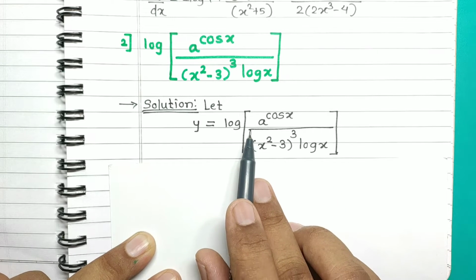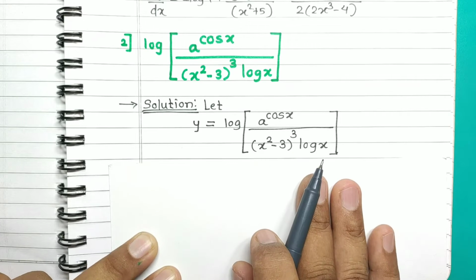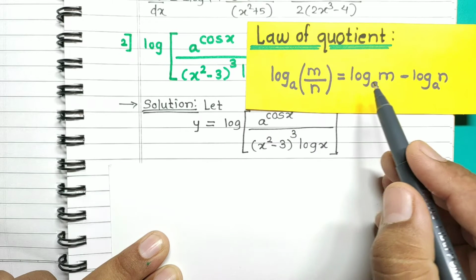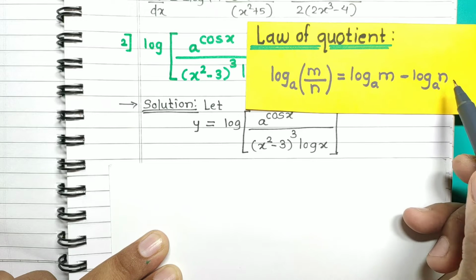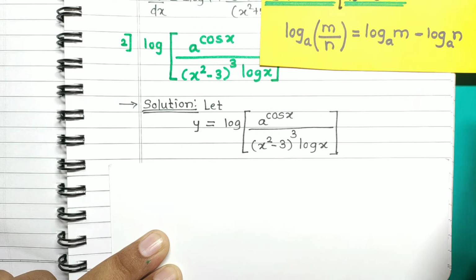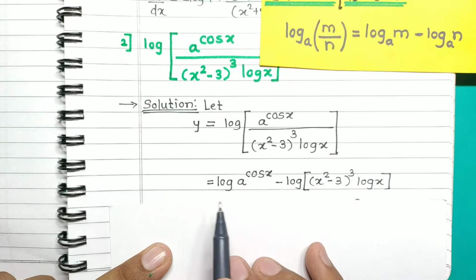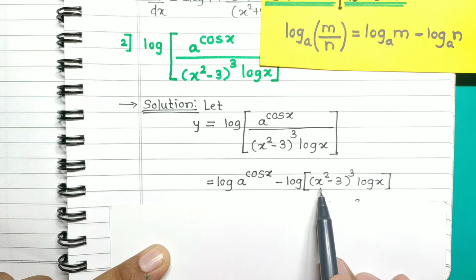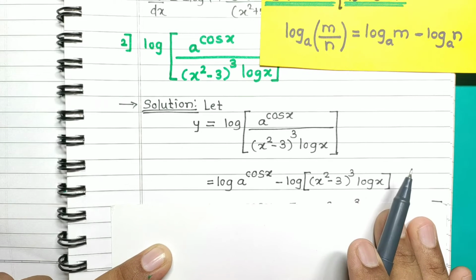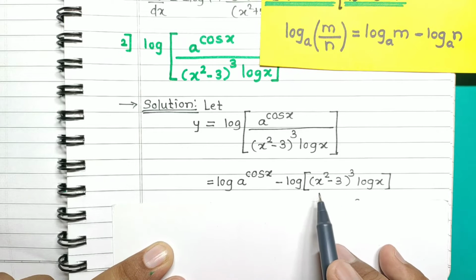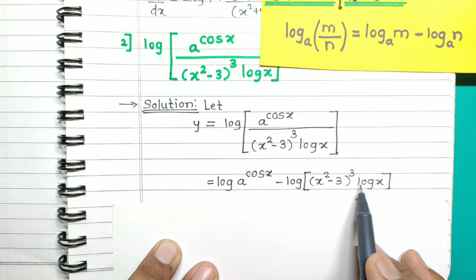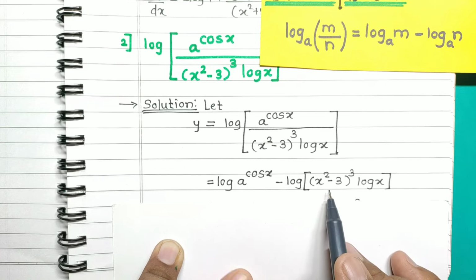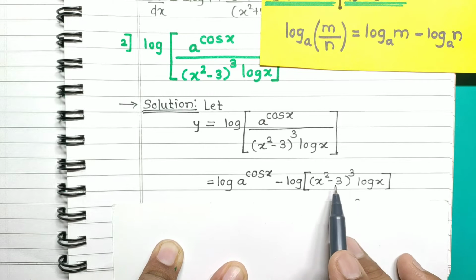Here the law of quotient is useful. So let's revise the law of quotient: log of m by n we can write as log of m minus log of n. So here we can write log of the numerator, log of a raised to cos x, minus log of the denominator, this product. Then in the next step, again log contains a product of two terms, so here we can use the law of product to simplify this term.